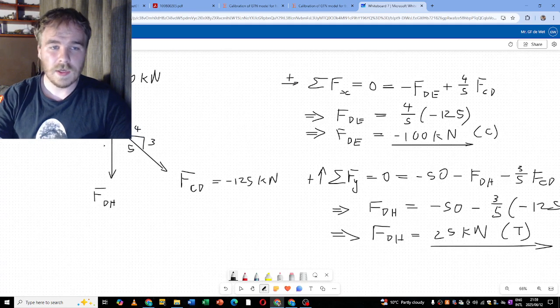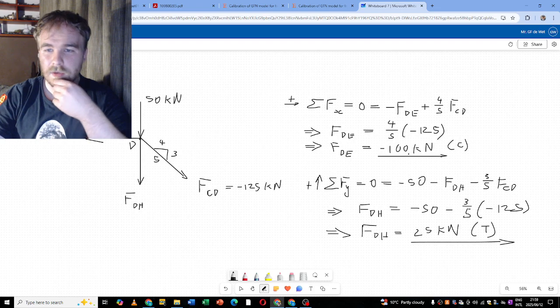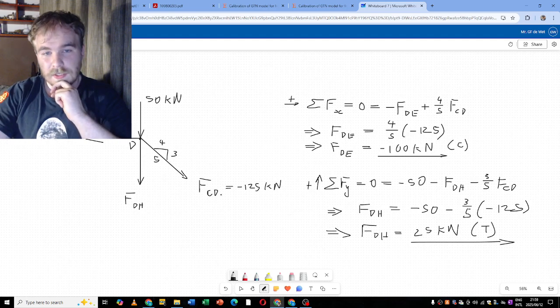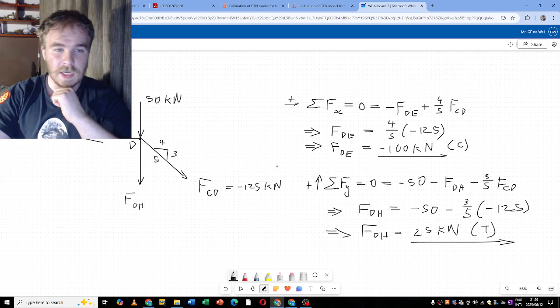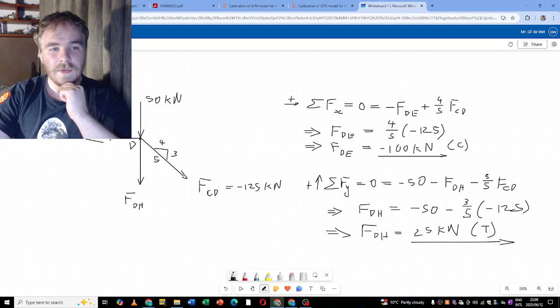Okay, now let's quickly also go and reason about these guys, see if we agree with the values that we get. And let's start off with FDE. CD is in the wrong direction, so it's actually pushing in the negative x direction. So FDE has to have the wrong sign already.